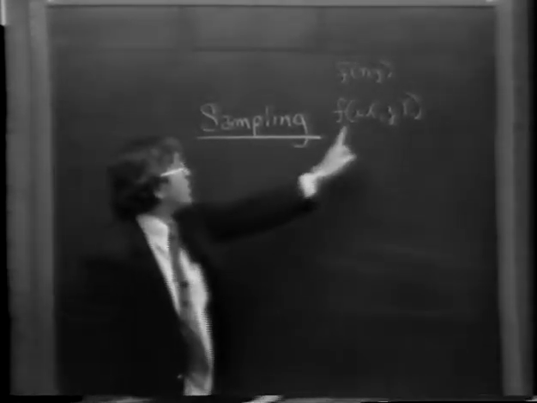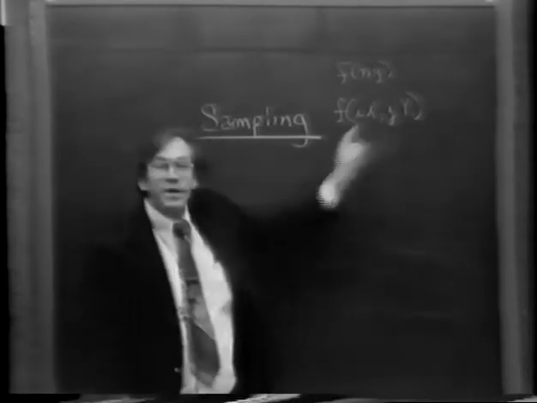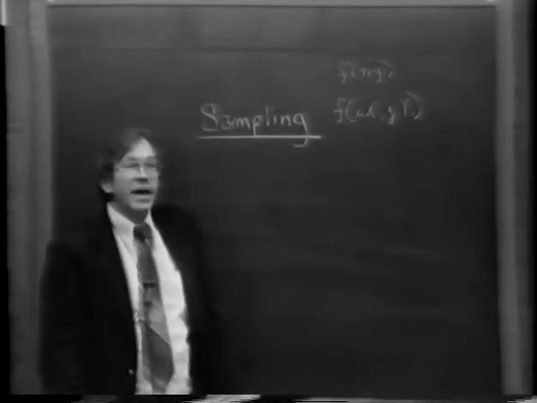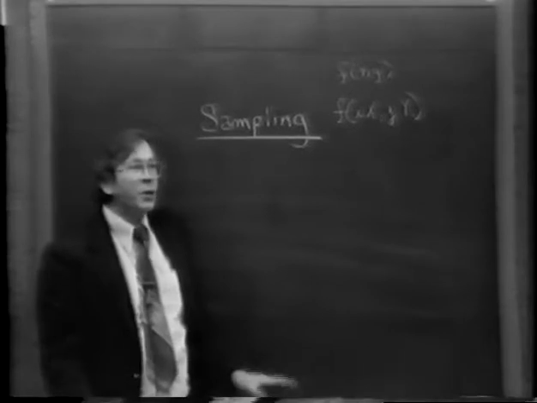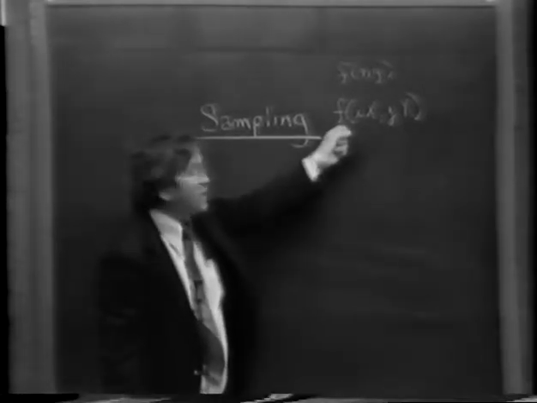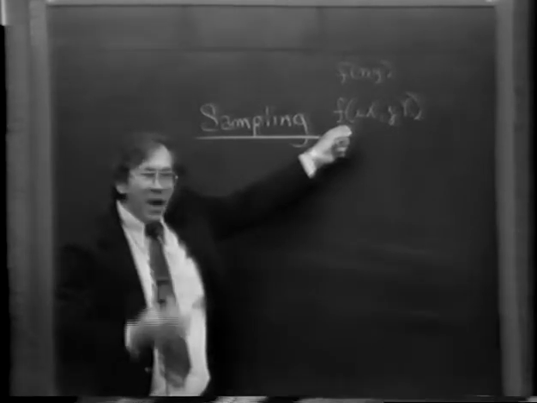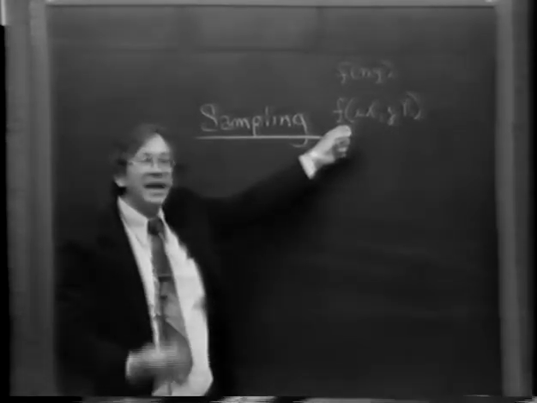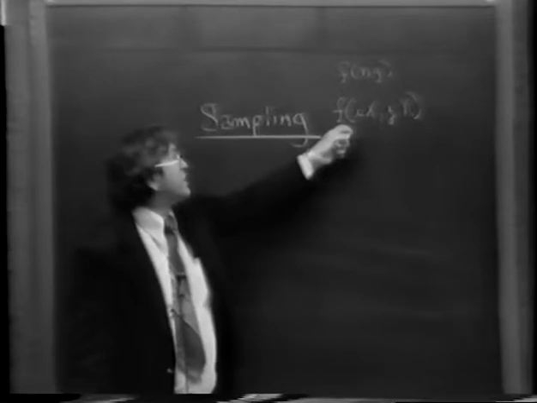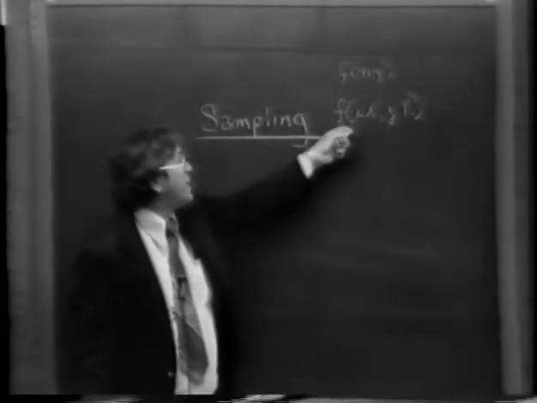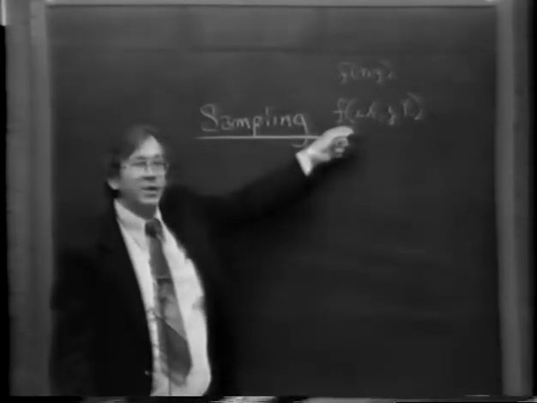The samples would discretize the spatial coordinates of our two-dimensional function. But again, to process it on the computer, if the function values are continuous, there's no way that we could store a continuum of values. So we actually have to also quantize the functional values.